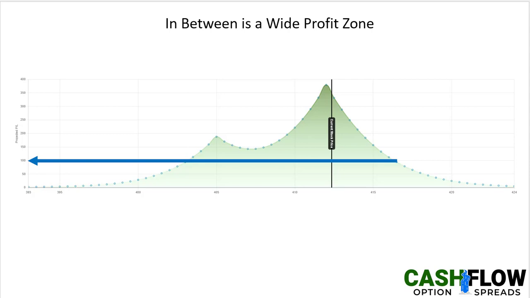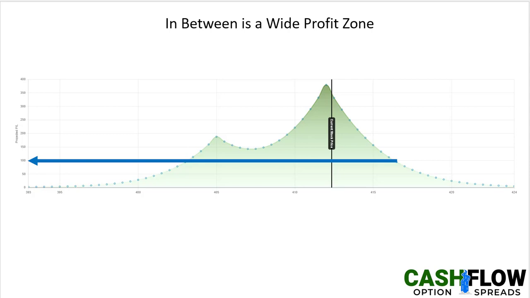So what happens is there's a projection, there's a calculation that is projecting the value of the long options as of the expiration date of the short options. And it's a projection, they're guessing. And they're guessing with a mathematical calculation. And that mathematical calculation doesn't take into account a lot of different things.